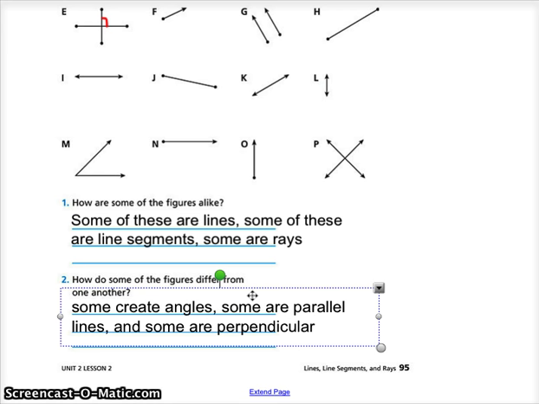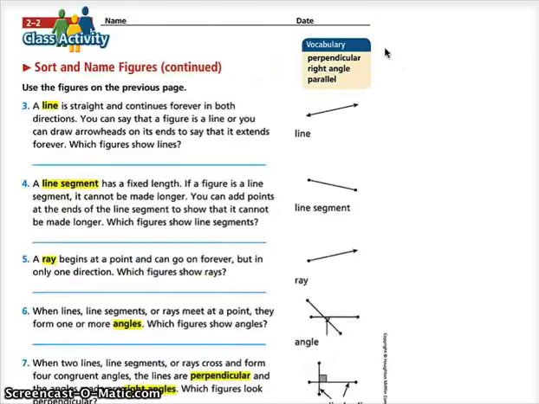All right, let's go ahead and flip the page over to 96. Let's look at number 3. It says a line is straight and continues forever in both directions.